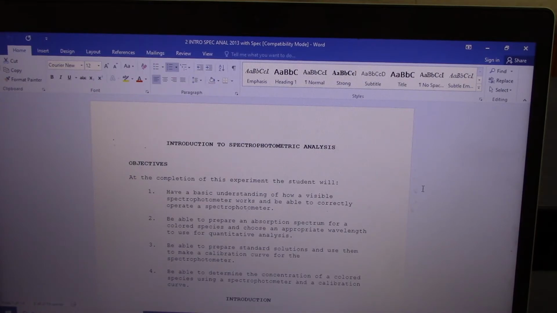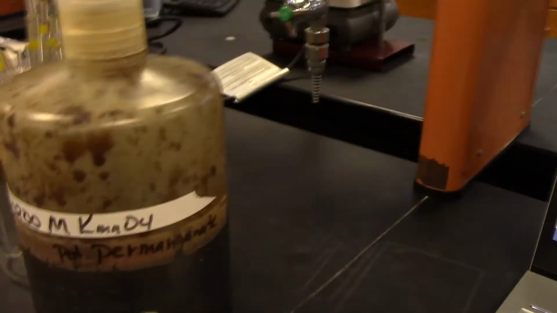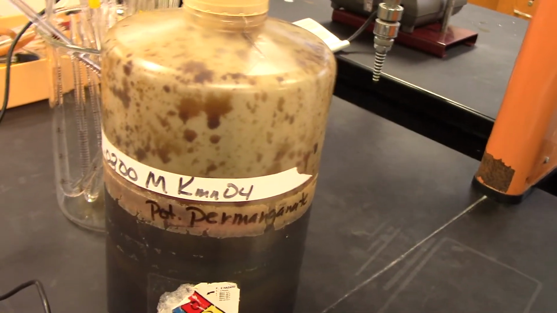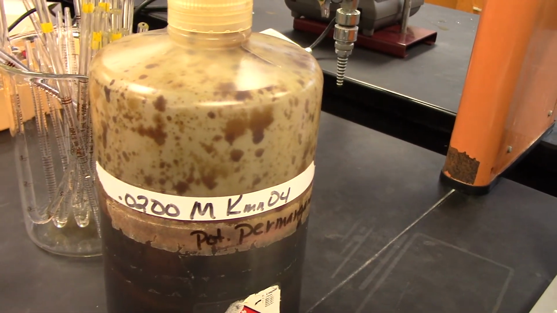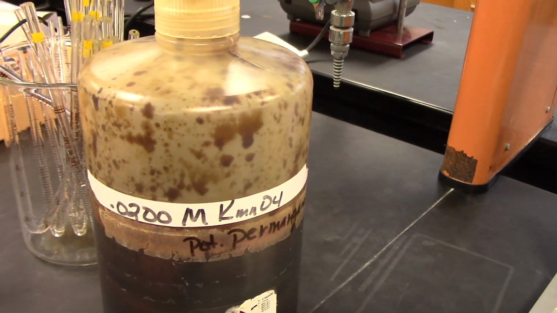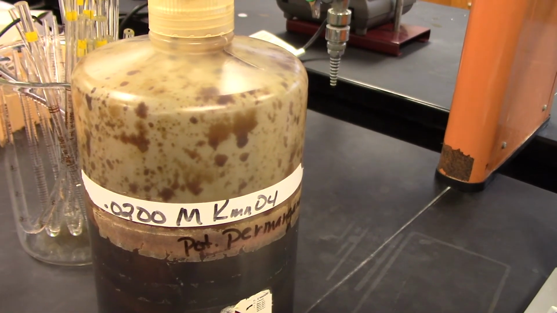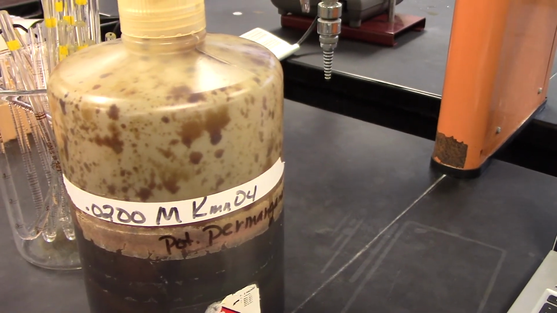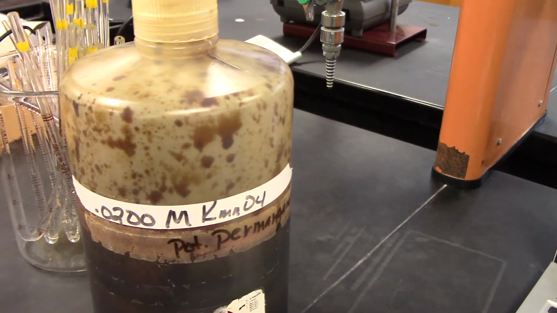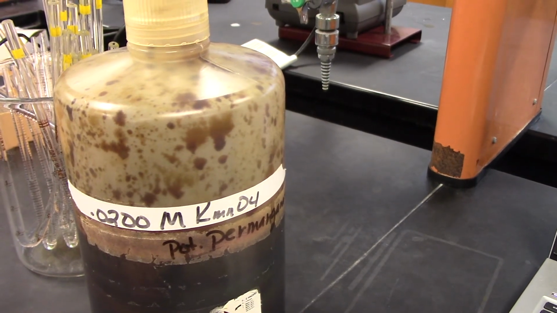Okay, so the chemical that we're going to use is this right here. The concentration is 0.0200 molar KMnO4, which is potassium permanganate, and that's our stock solution. We're going to be using that to make up other solutions.